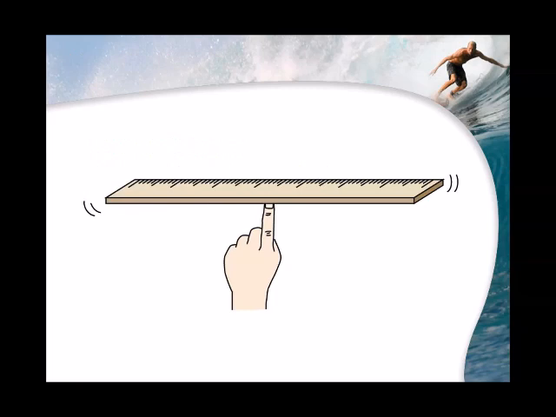Based on the video just now, and on your everyday experiences, you know that you will have to balance a ruler right at the middle point. Why do we need to balance it right at the middle point? Because at this point, we say that this is the center of gravity of the ruler. So what does center of gravity mean?